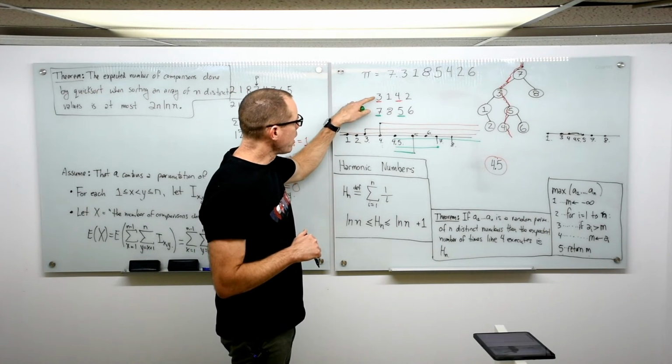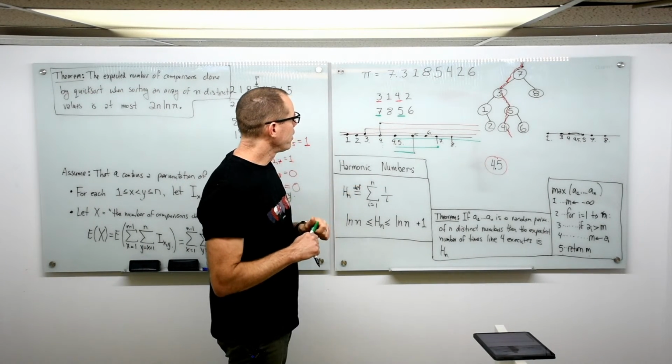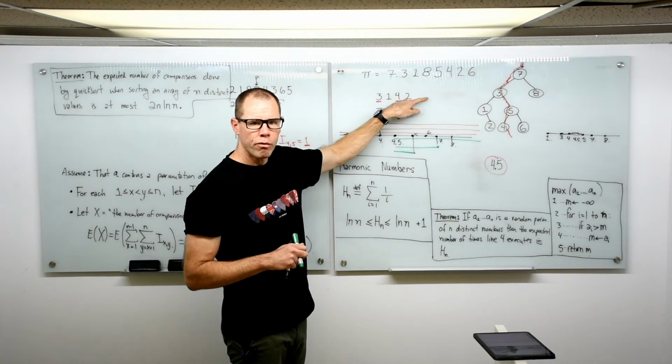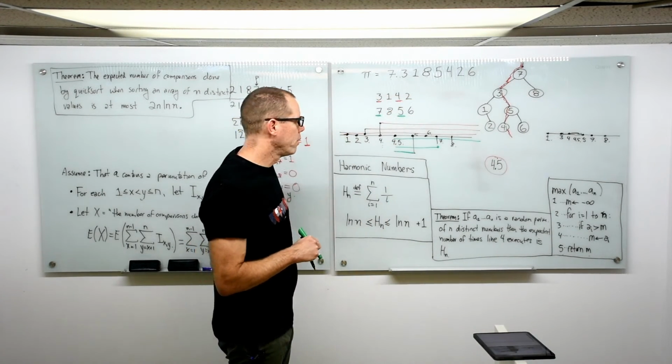Look at these guys here. This is a short permutation. It's a permutation of 4 distinct values.